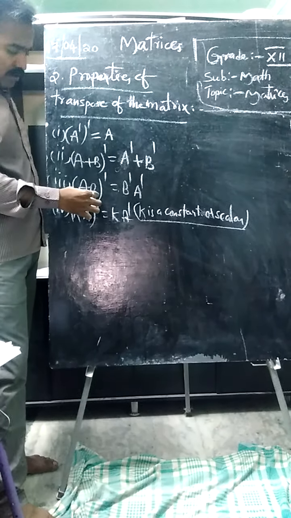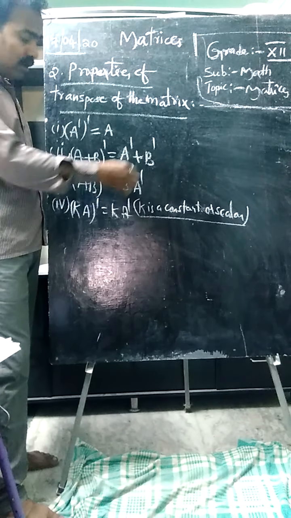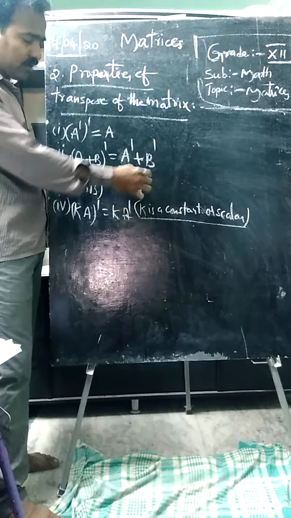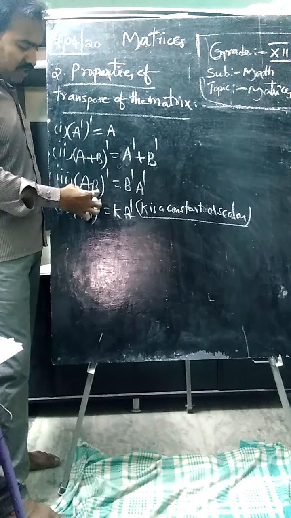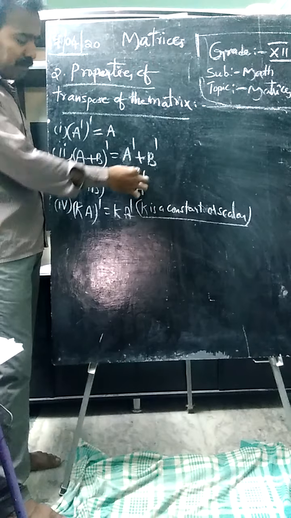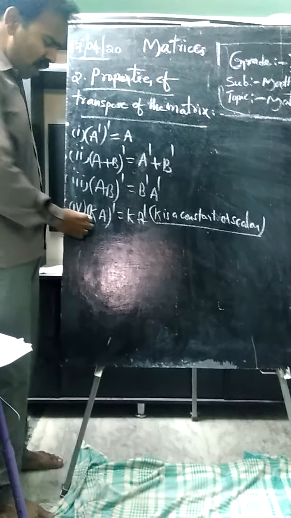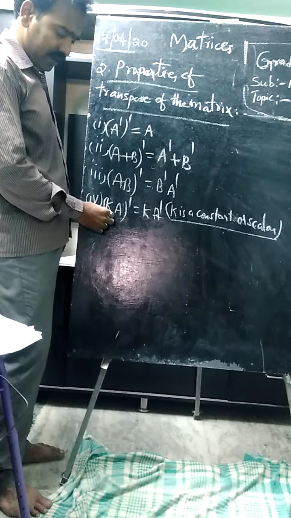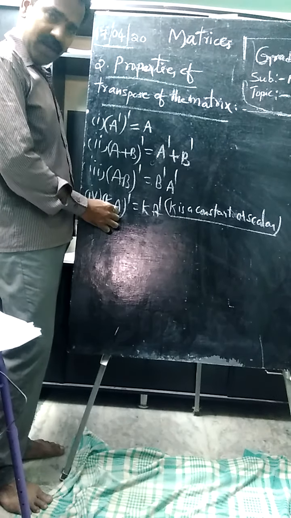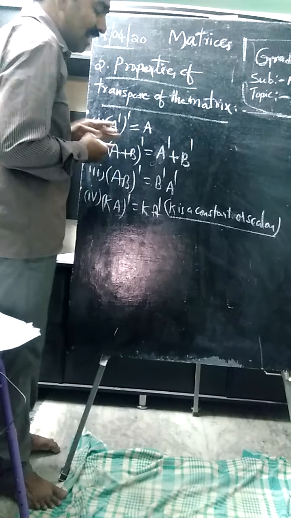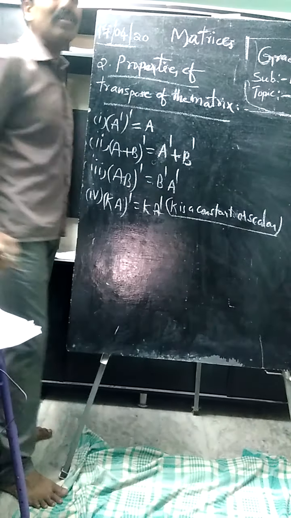Then, the transpose of the product of two matrices equals the transpose of the second matrix into the transpose of the first matrix. Order is very important, students. AB whole transpose equals B transpose into A transpose. Then, for K a scalar quantity, the transpose of K into a given matrix equals K into the transpose of the given matrix, where K is a scalar or constant.